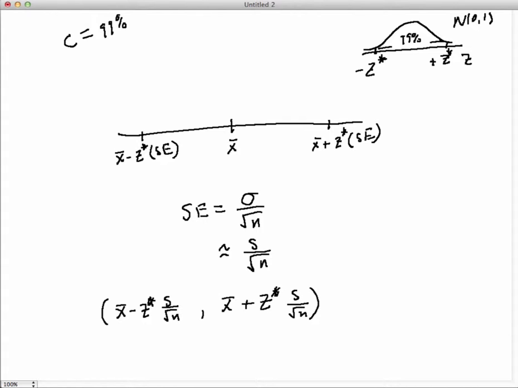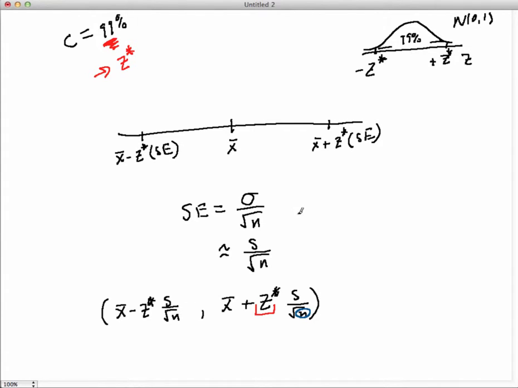Now of these numbers that we use to create this interval, the only ones that we can actually make any difference with are the z star, which is based solely upon the confidence. You set the confidence, and that gives you your value of z star. The other number that we have control over is n, our sample size.